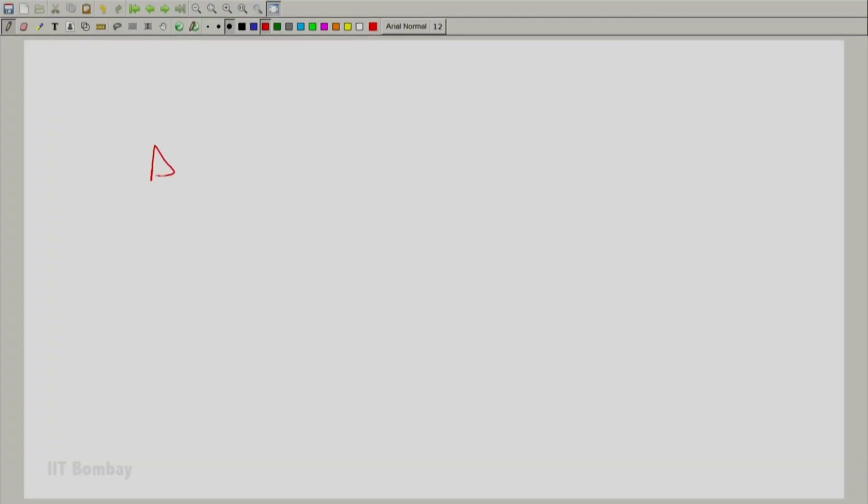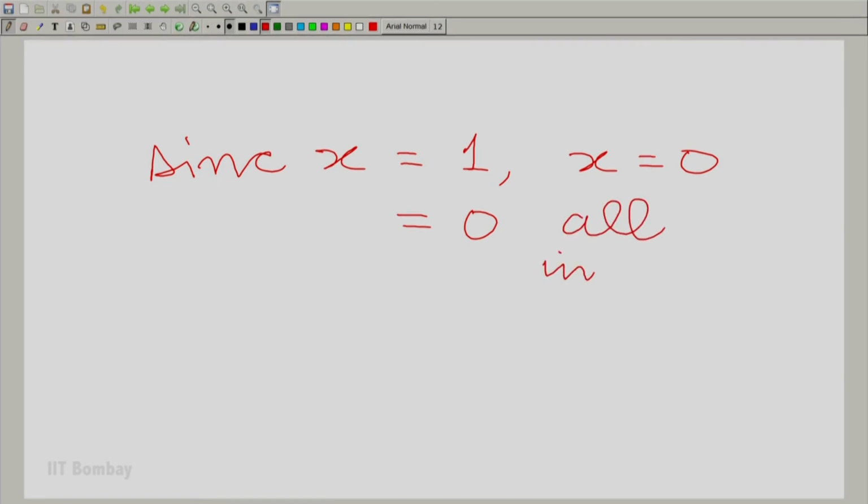Let us sketch it. Where does the sinc function go to 0? It goes to 0 at all the integers. So, sinc x is equal to 1 for x equal to 0 and 0 for all integer x, x not equal to 0. So, sinc of 1, sinc of minus 1 and so on. Now, what are we really saying here?